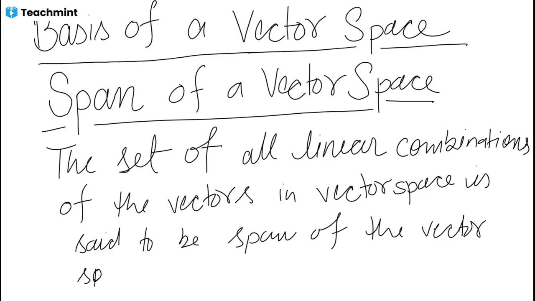You got it? In set theory, all linear combinations. Okay, you know linear combination. The set of all linear combinations of the vectors in a vector space is said to be the span of the vector space.